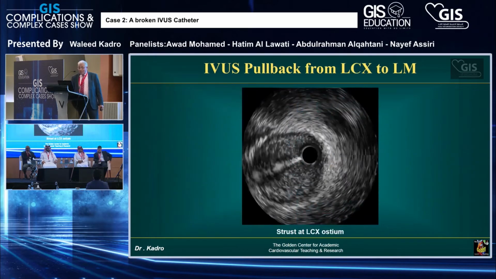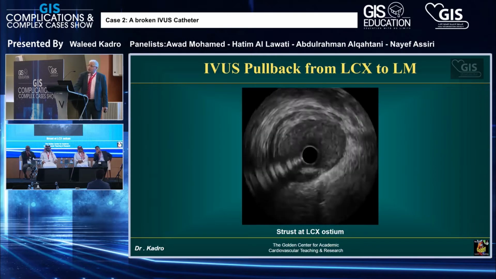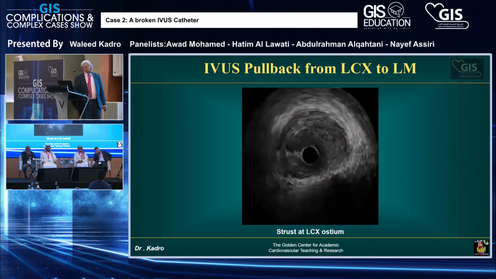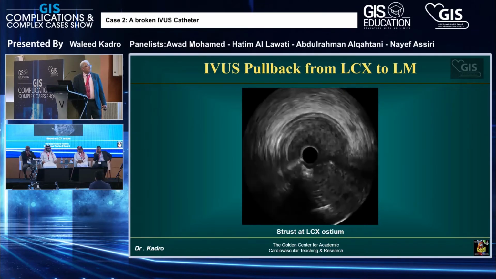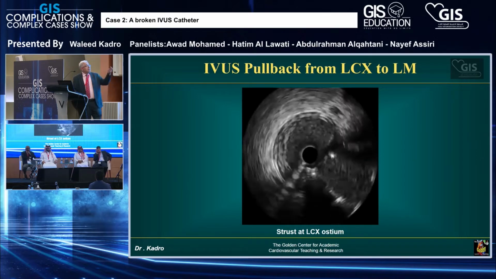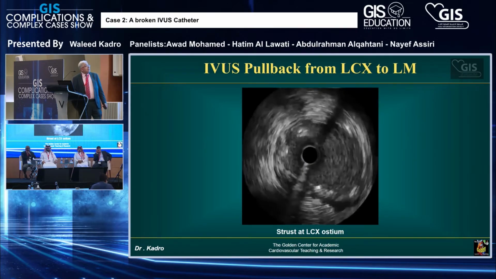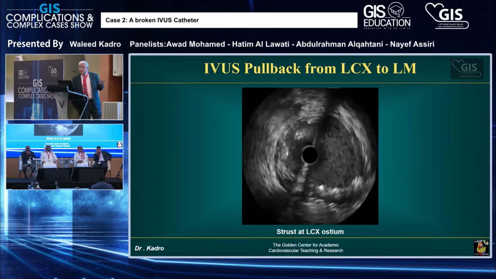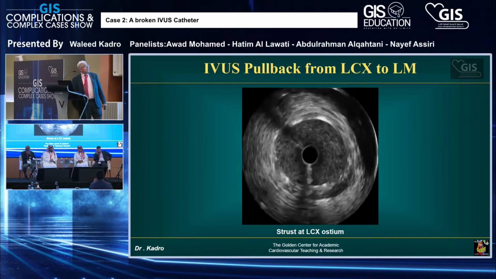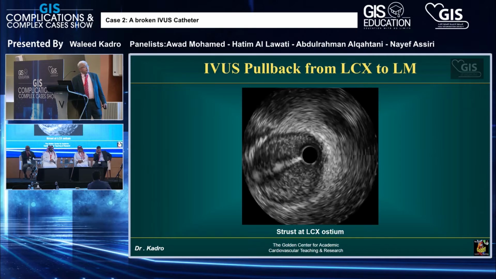So just to complete, we put the wire through the circumflex and did the pullback from the circumflex, and you see the circumflex has no plaque burden, and we'll see now the struts across the ostium of the circumflex, and we entered the left main.